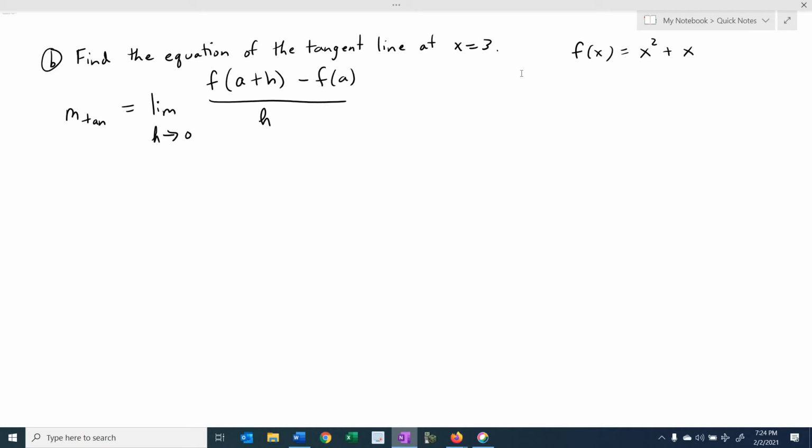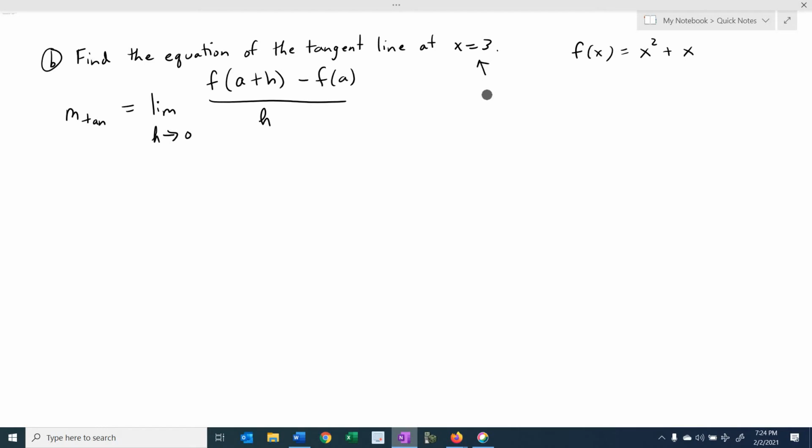By the way, tangent lines only go through 1 point on the function, whereas secant lines go through 2 points on the function. Okay, so again, the first thing we're going to have to do here is find the slope of the tangent line, which is given by this formula. Right? It's equal to this limit. Okay, so in this case, A is the point that we're finding the tangent line at.